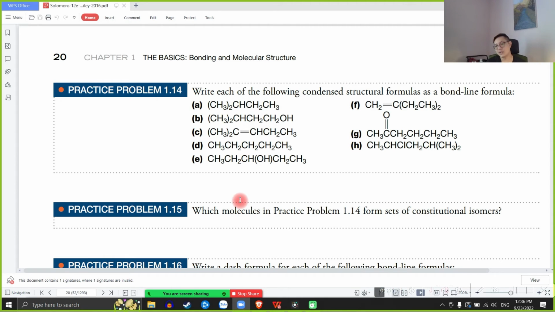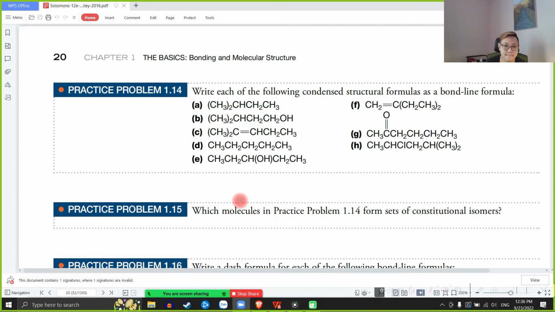So it means which ones are constitutional isomers of each other. How do you know this one? Dash formula only. You see? So this is a condensed formula, right?